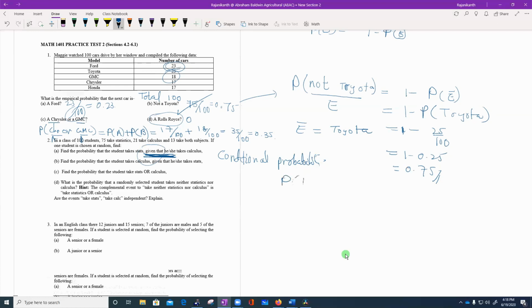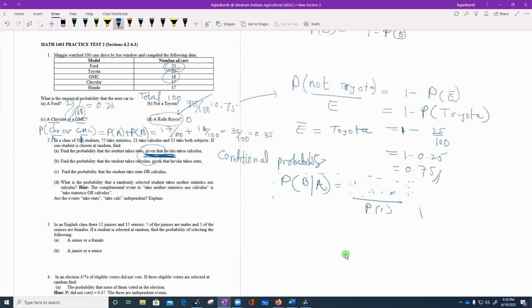The probability of any event B given condition event A is given by the probability of A and B divided by the probability of A. You could check your notes under conditional probability. Use this formula to do all the conditional problems.